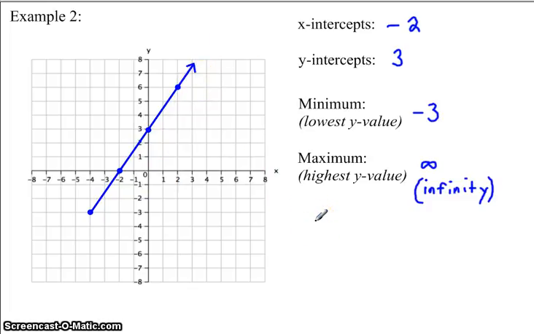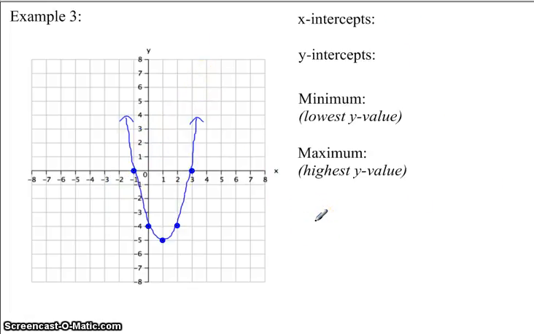All right, on to example 3. All right, so what we got here is a parabola. Again, pause the video, sketch this as best you can. All right, so this parabola, its x-intercepts.